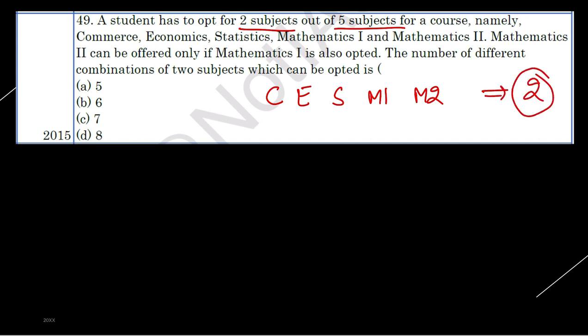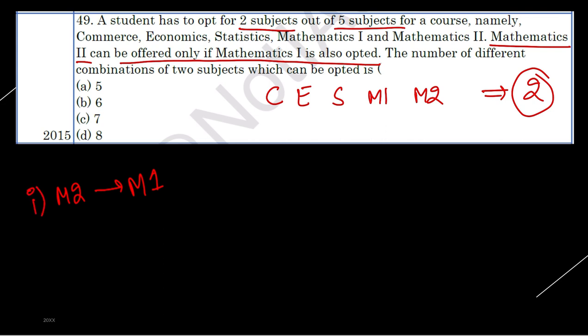There is one condition, mathematics 2 can only be offered if mathematics 1 is opted. If mathematics 2 is opted, then mathematics 1 has to be selected. Otherwise, you cannot opt for mathematics 2. Means if M2 is there, M1 has to be the other subject.